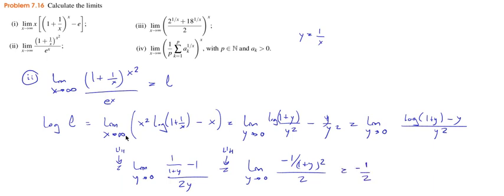Okay, so the logarithm of L is minus 1 over 2. L is e to the minus 1 half. This is the limit, if you want, 1 over the square root of e.